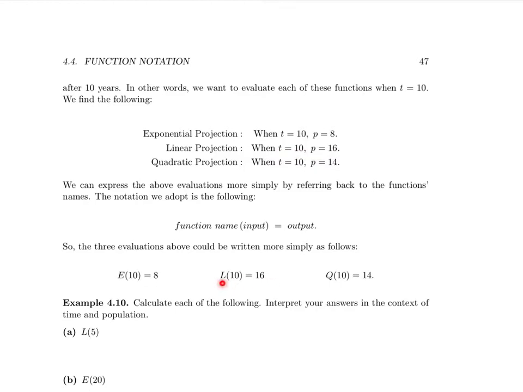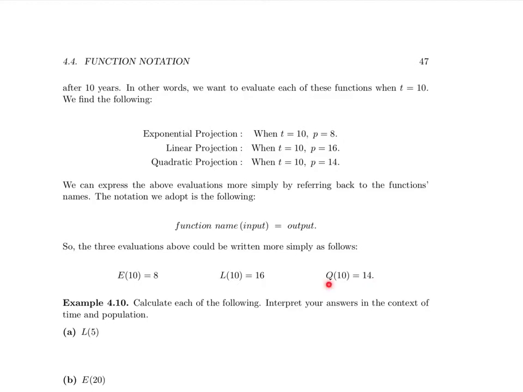If I take my function L and I substitute 10 into the function, there's the input, the output is equal to 16. Finally, for the quadratic function, instead of writing when t equals 10, p equals 14, I express that fact as follows.